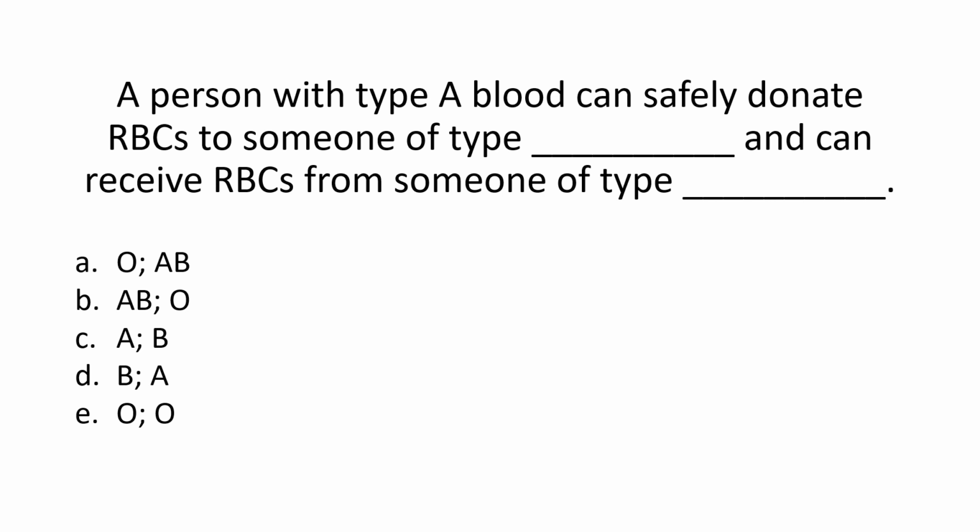A person with type A blood can safely donate red blood cells to a person with, let's see here, an AB or A blood type, and can receive red blood cells from a person with either A or O blood type.